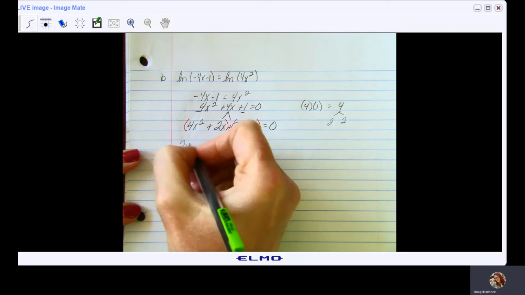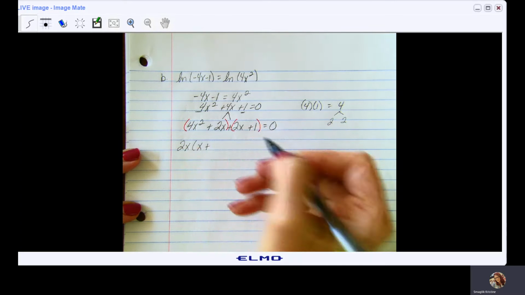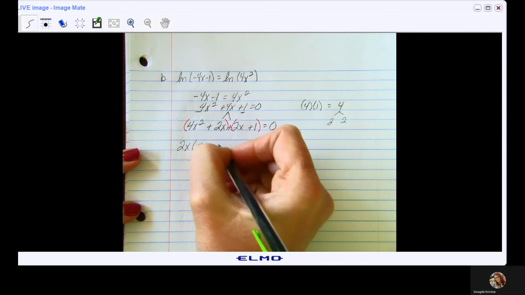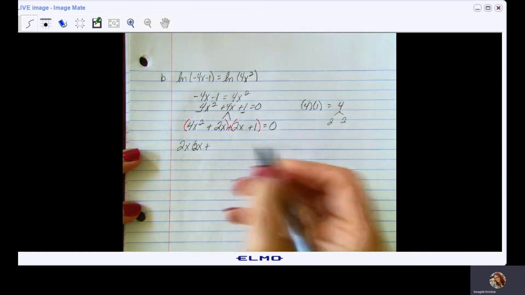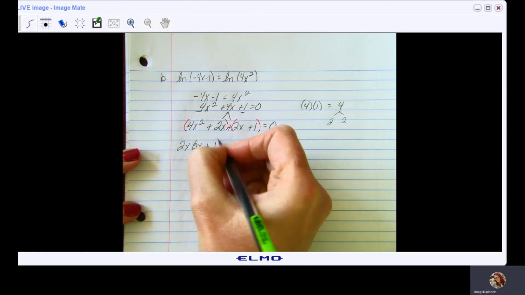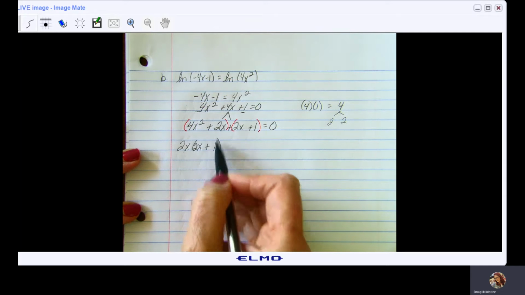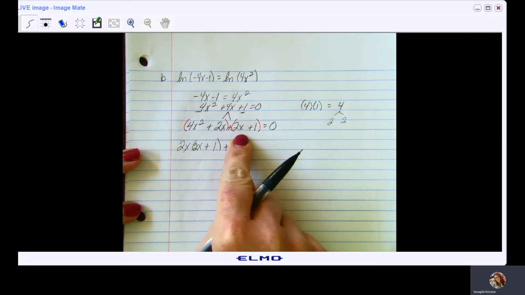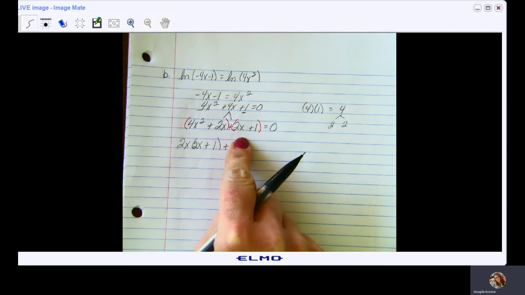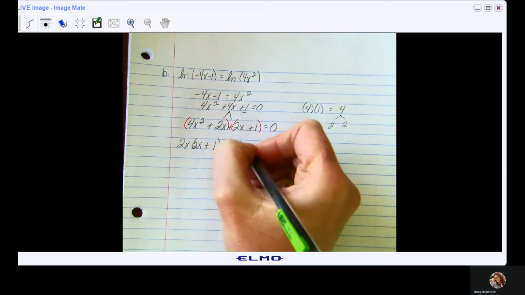So I'm going to have 2x times, whoops, that should be a 2 there, 2 times 2x plus 1. 2x times 2x is 4x squared. 2x times 1 gets me 2x. Plus, here I can't factor anything else out, so I'm going to just write it as a 1.